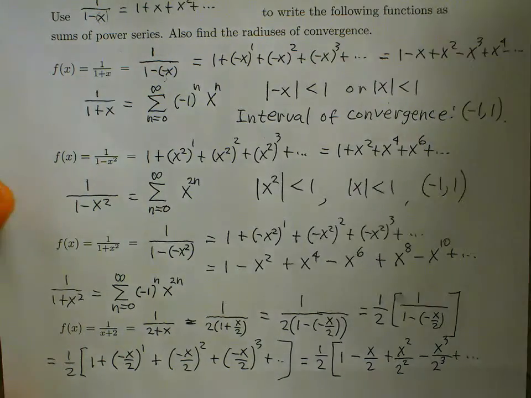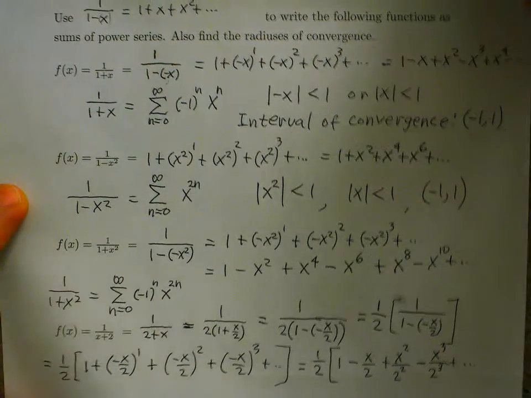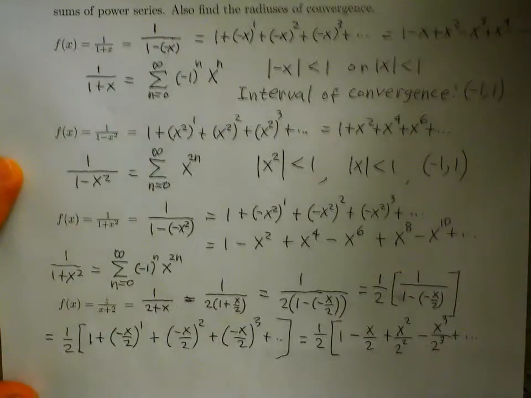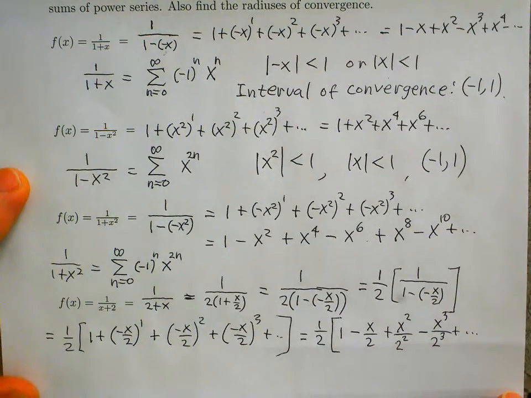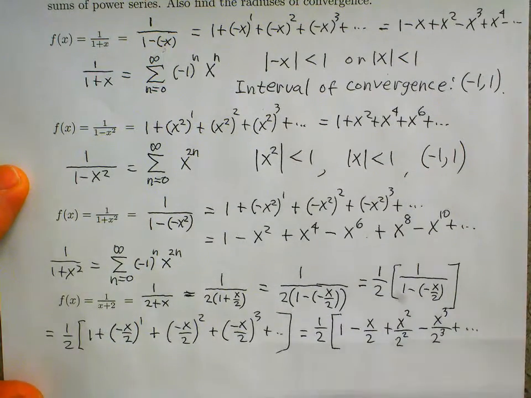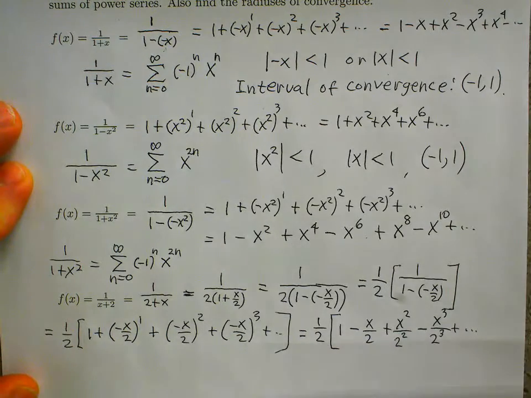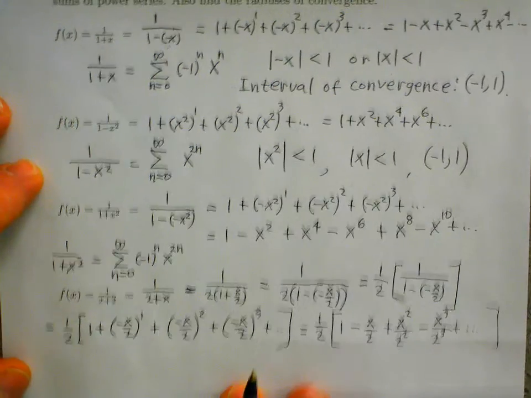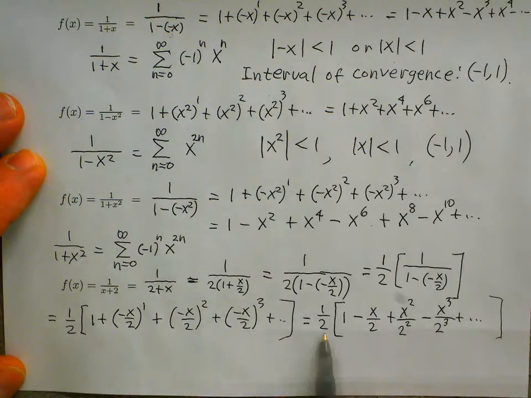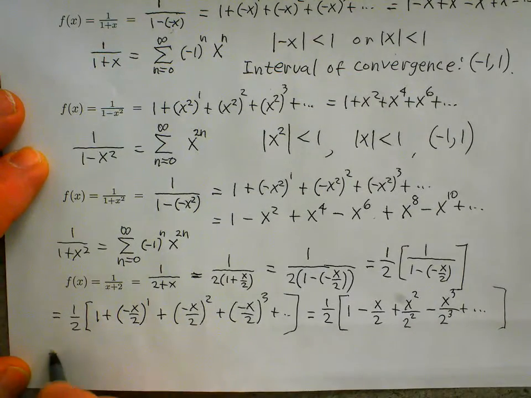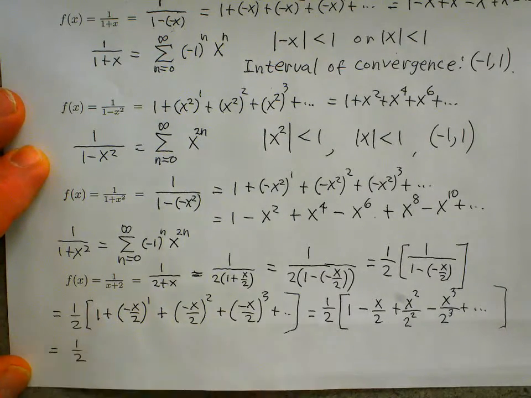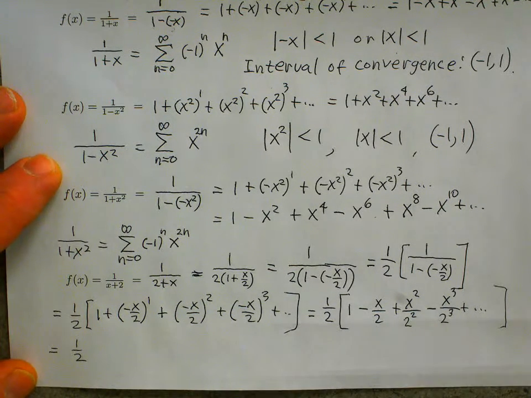Okay, so next thing I'm going to do is one of two things, and I haven't decided which way I'm going to do it yet. So I'll just pick one. I guess I'll leave the factor 1/2 out and then write this expression inside the brackets using sigma notation.